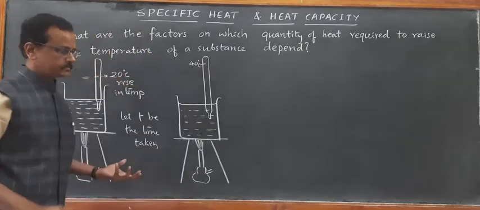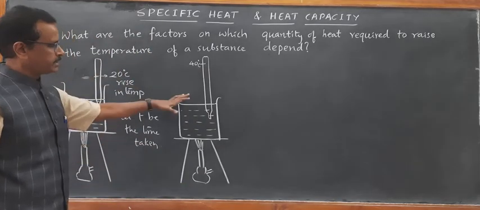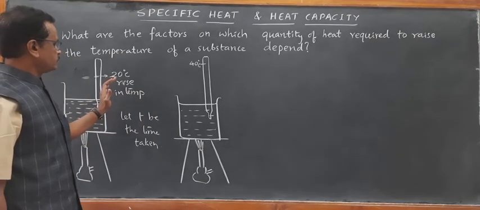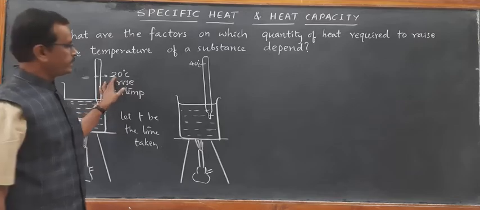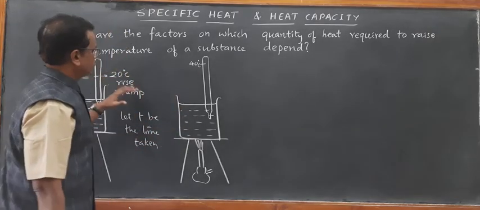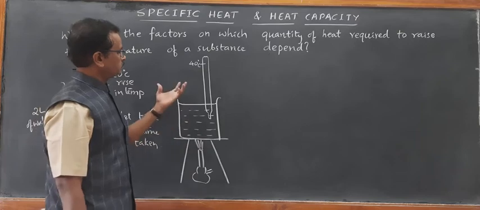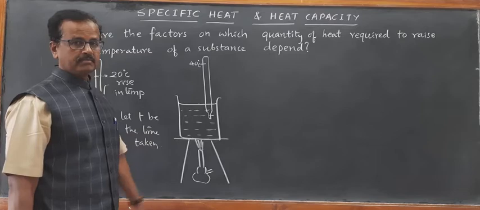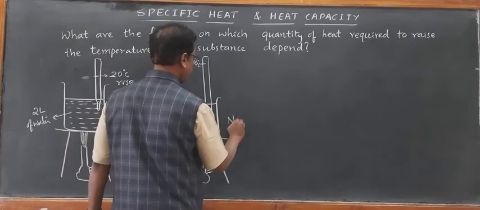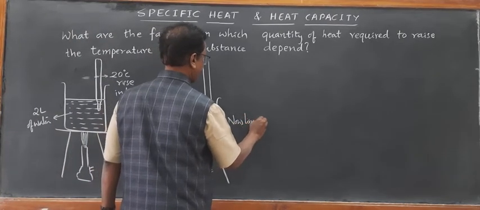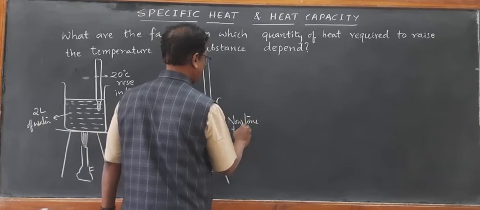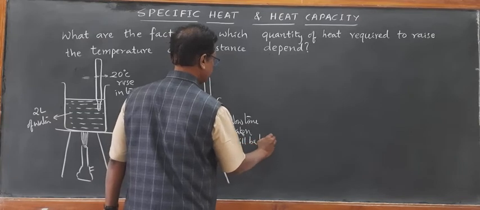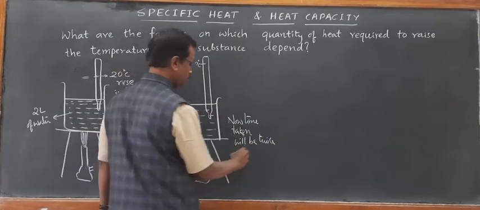Obviously, the time taken will be double the time taken in the earlier case, since the temperature rise in the first case was 20 degrees, and now it is 40 degrees. We have to double the temperature by heating it more and more, so the time taken is also double, twice the earlier time taken.